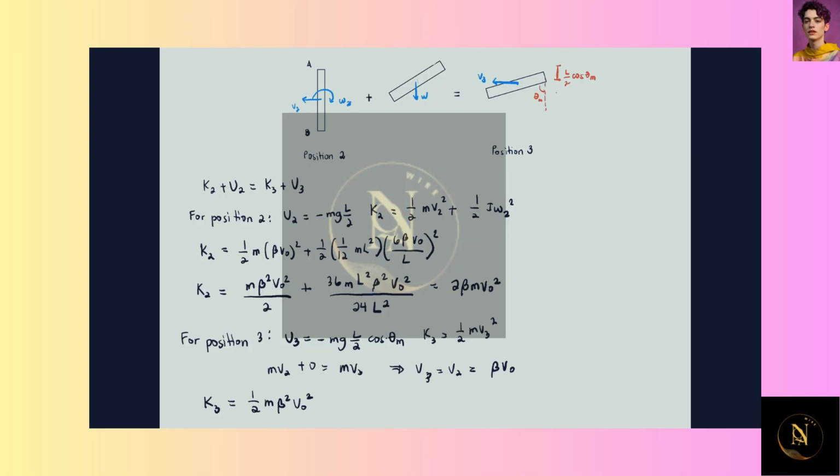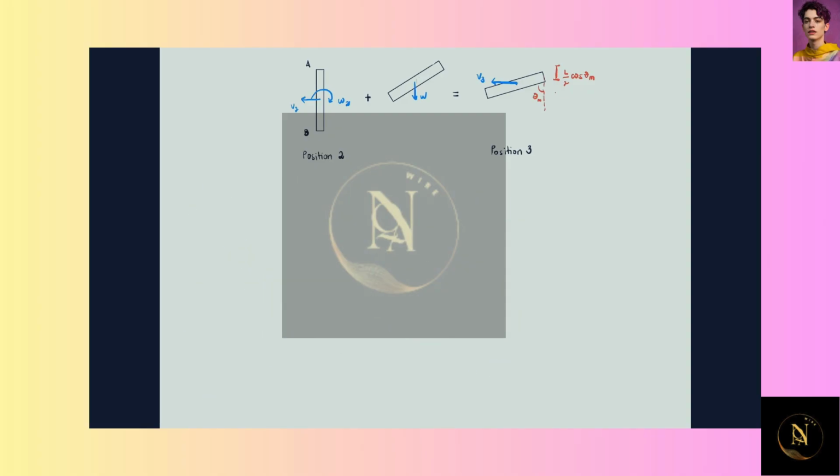Okay, so now we have the kinetic energy values and the potential energy values. So our equation for conservation of energy would be negative mgL over 2 plus 2 beta mV0 squared equals negative mgL over 2 cosine theta m plus 1/2 m beta squared V0 squared.